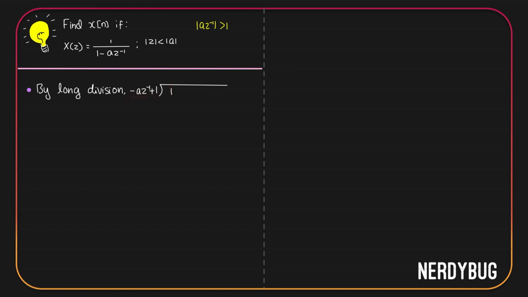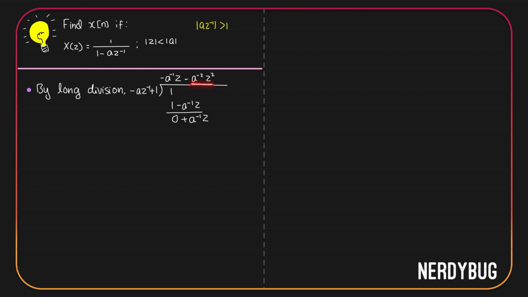1 divided by minus a z inverse will be minus a inverse z. Minus a inverse z multiplied by minus a z inverse is 1. Minus a inverse z multiplied by 1 is minus a inverse z. 1 minus 1 is 0. 0 minus minus a inverse z is plus a inverse z. Now, a inverse z divided by minus a z inverse will become minus a raised to minus 2 z raised to 2.